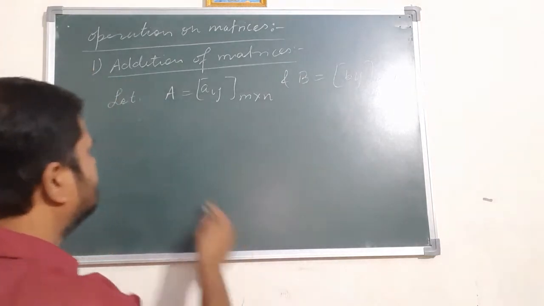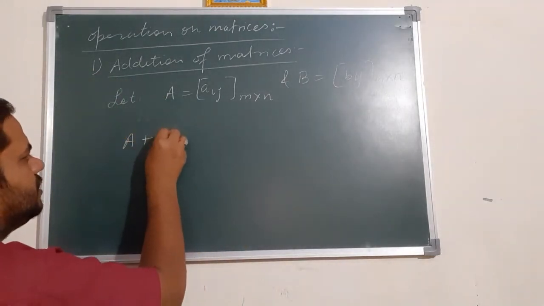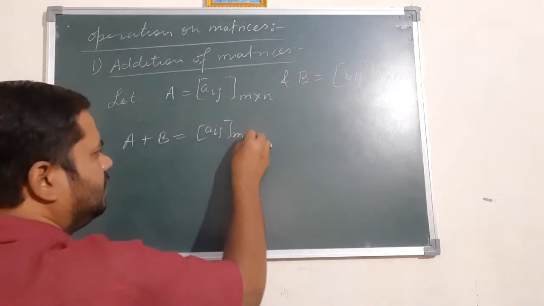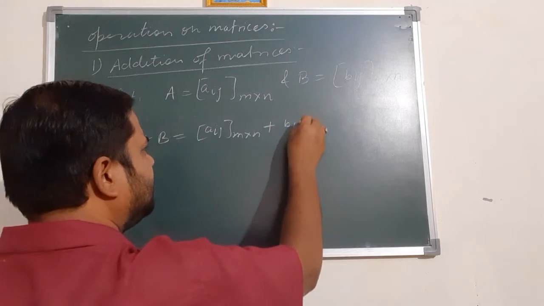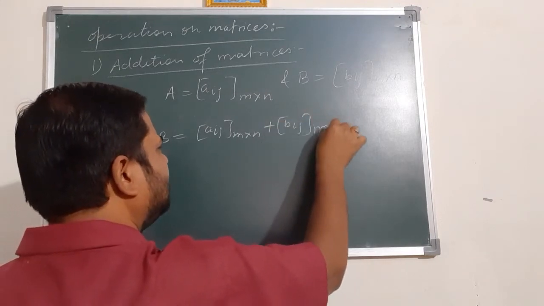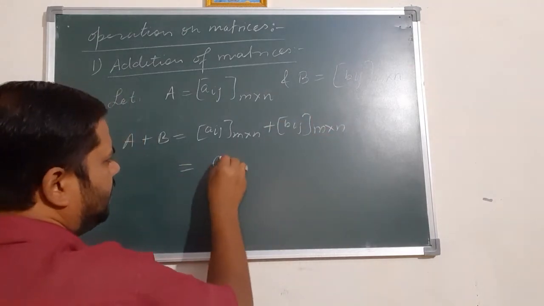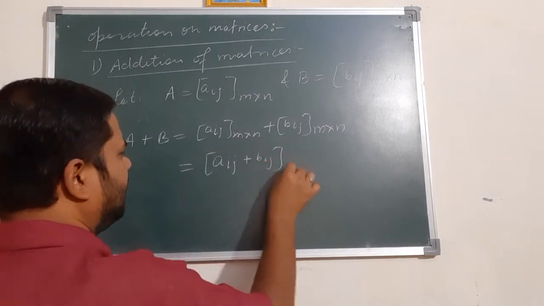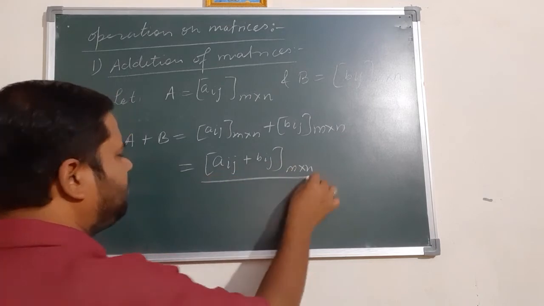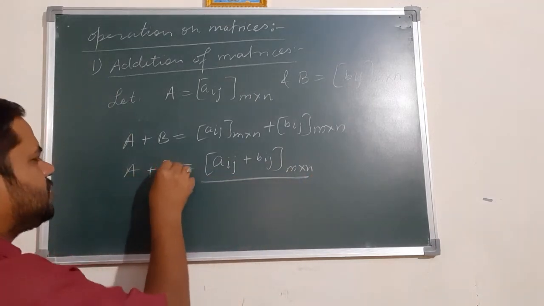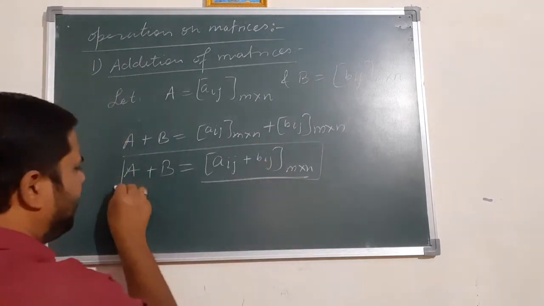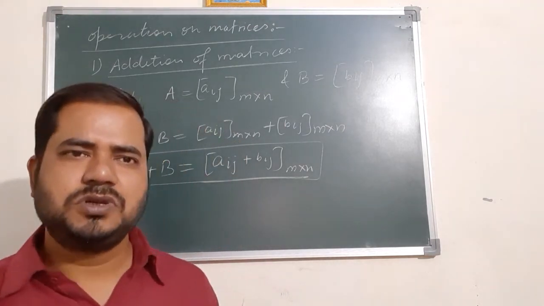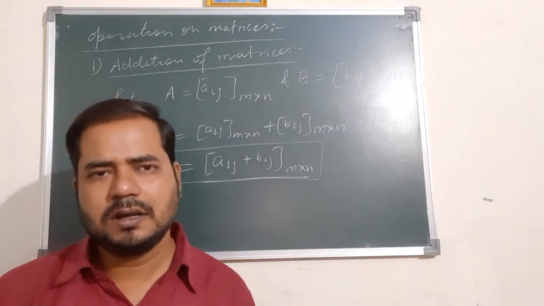Then A plus B is Aij plus Bij, m cross n. That means we have to add the corresponding elements and we get the addition of matrices. Please note it down, and then after that we see the question.